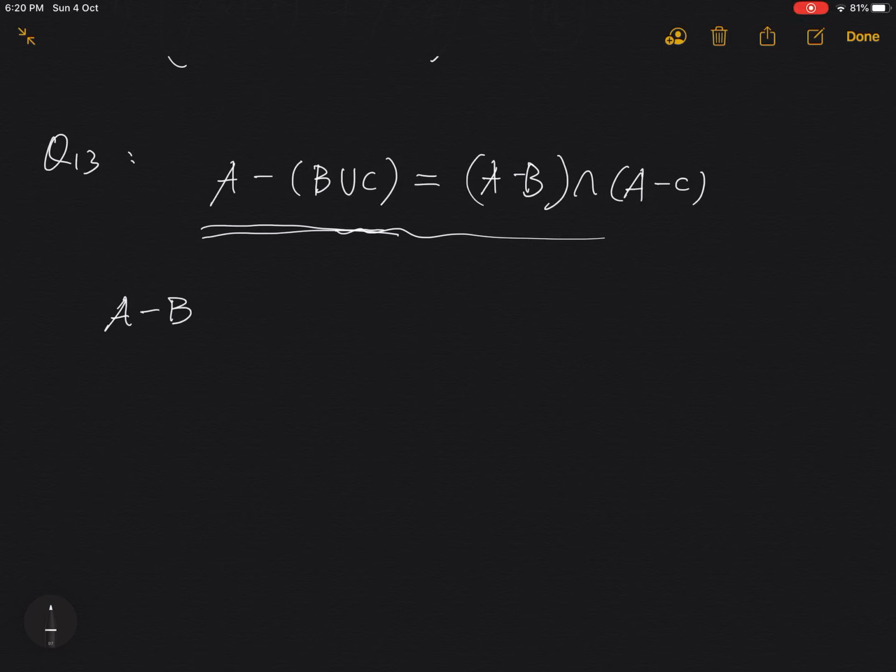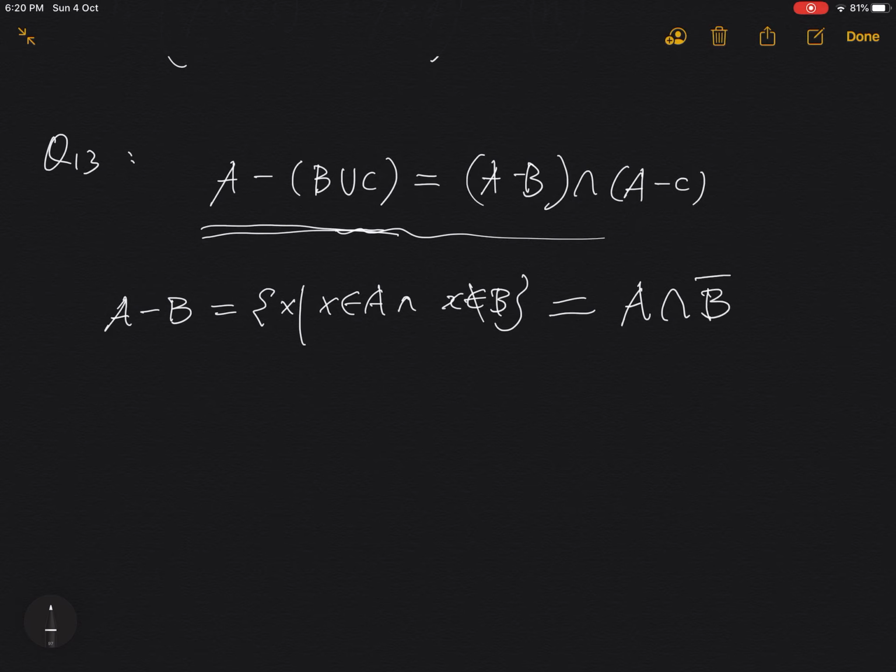A minus B is: x is in A and x is not in B. It's also the same thing as the intersection of set A and the complement of B. Okay, so we make a connection between the two.